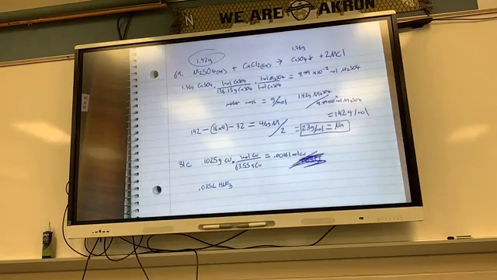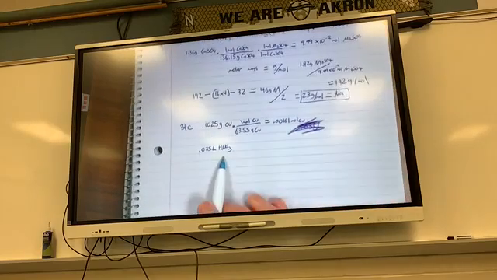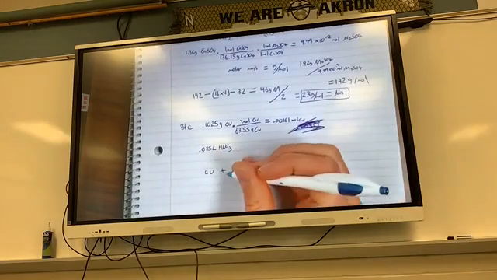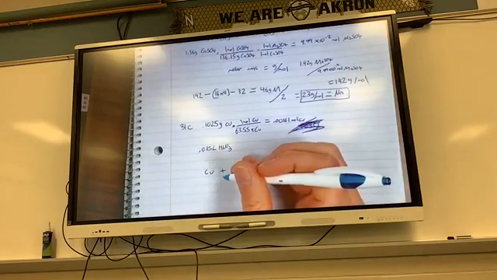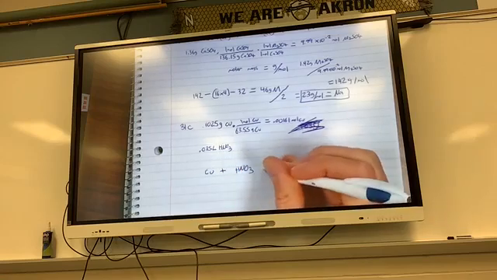Calculate the molarity of Cu. Okay. So before we do this, let's write a balanced equation. Copper plus HNO3.